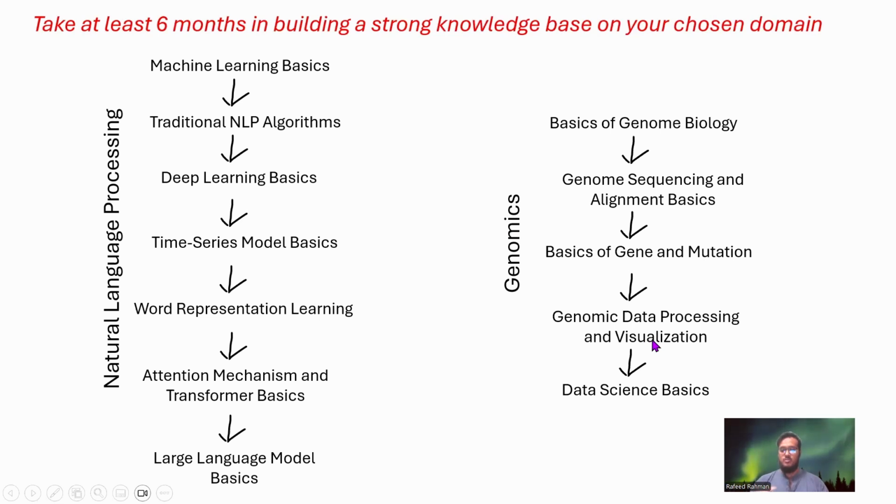So in research papers related to genomics, you are going to see a lot of visualization, so you need to know about those tools and those kinds of plottings. And finally, in order to get the information out from the big genomics data, you need to have core basics on data science. Now, I have done research on these two domains before, so I sort of know what things to go through to develop your basics.